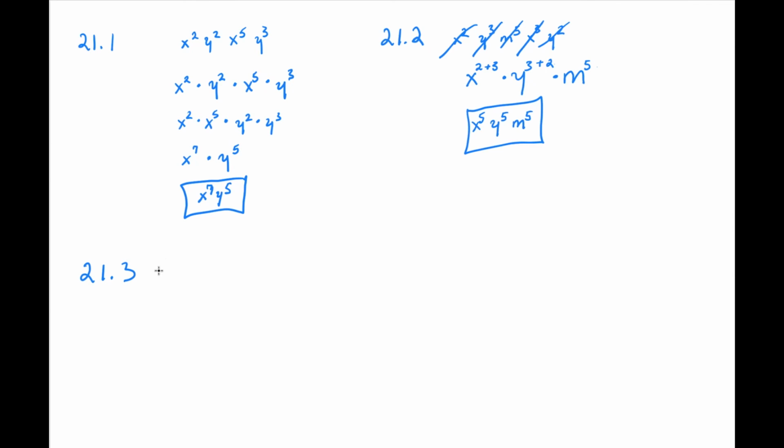We're going to simplify x, y squared, x cubed. Now, when we have a variable that does not have an exponent written next to it, the exponent is 1. Why? Because the factor is used one time. Okay?